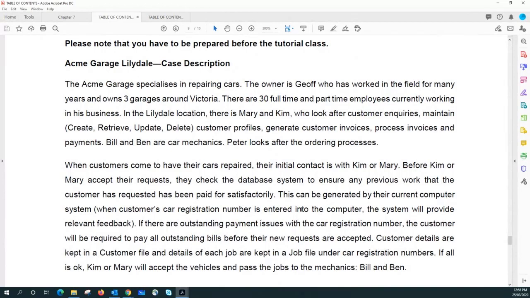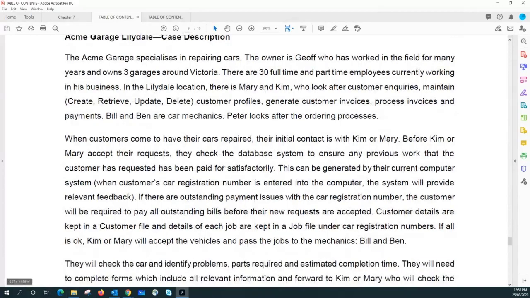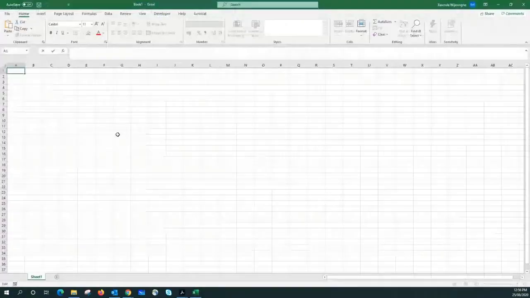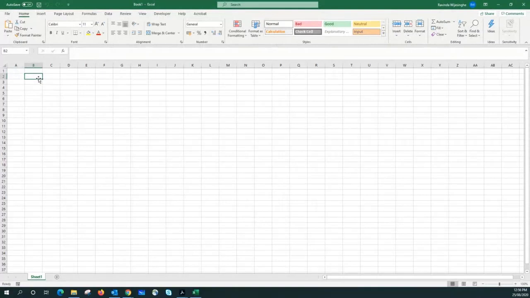But we need to determine which roles we are talking about. Now, if you assume this is a subsystem that you are developing, let's see how we proceed. What I will do is open the Excel spreadsheet, that's easier for me. So the first step is, now this is step 1.